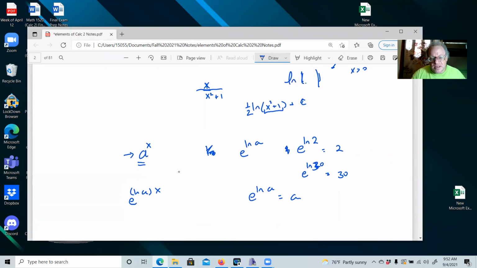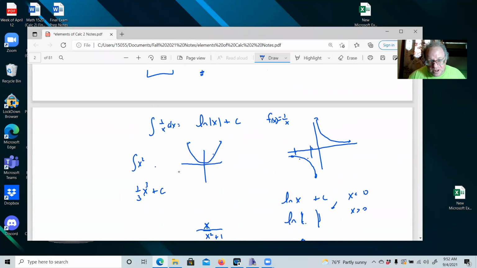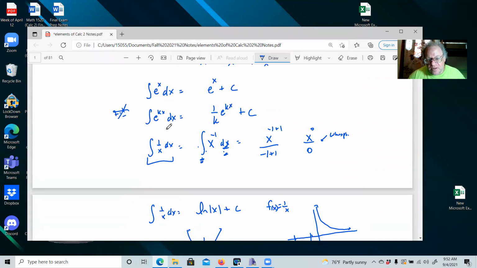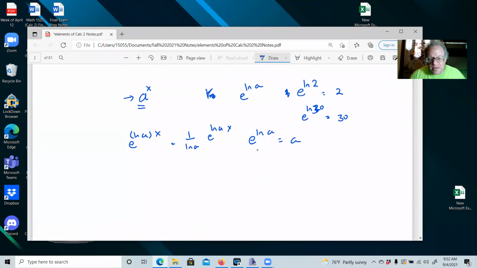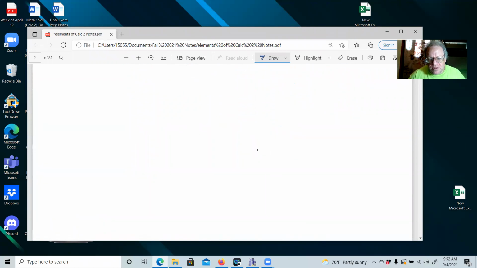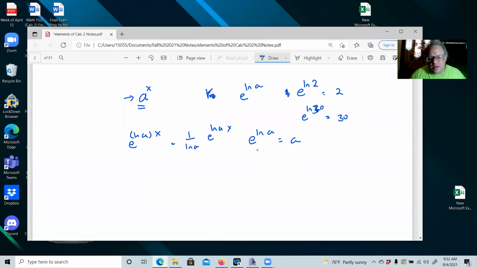We have this one, e to the kx, where this was 1 over k, right? And this is e to the natural log of x, just like the formula right here: 1 over k, e to the kx plus c. So let's see.